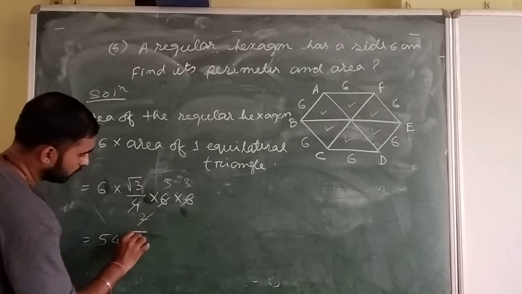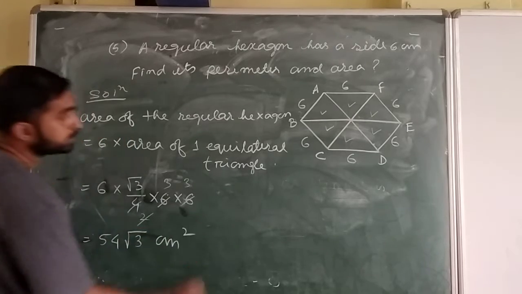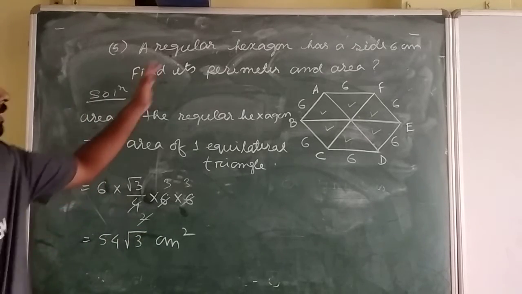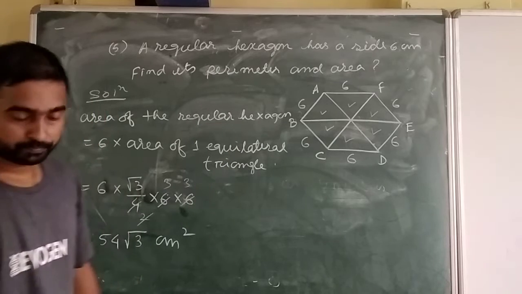So 54√3 square centimeter is the area of the regular hexagon.